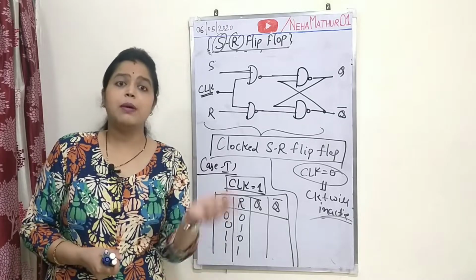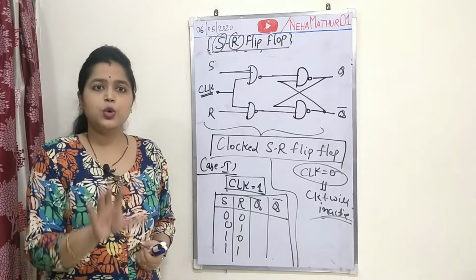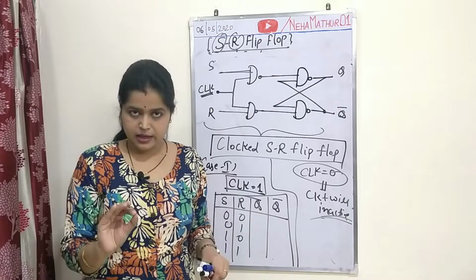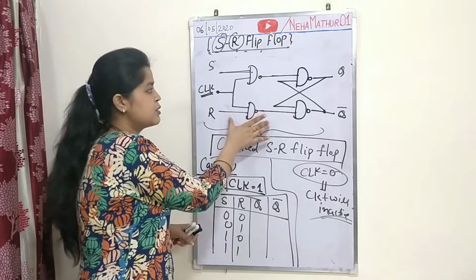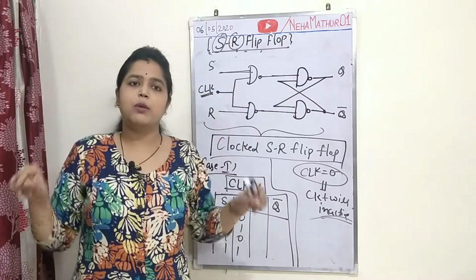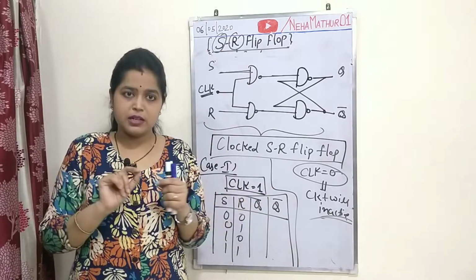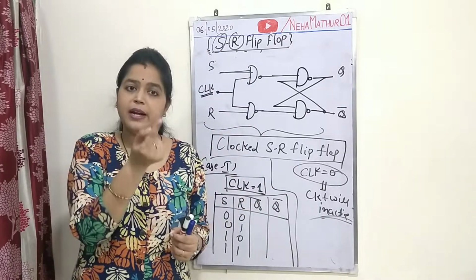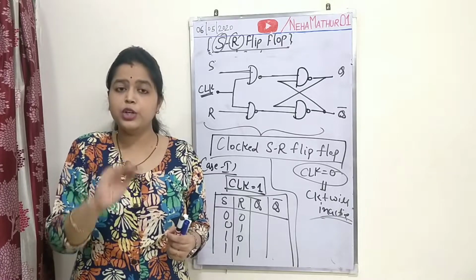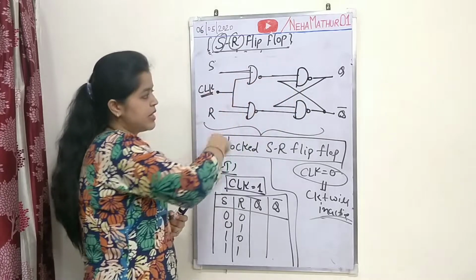Now back to the actual concept of the clock. Suppose you have a complex digital circuit and this small circuit is just a section or part of that complex circuit, and at a particular time there is no need to turn on this small section.